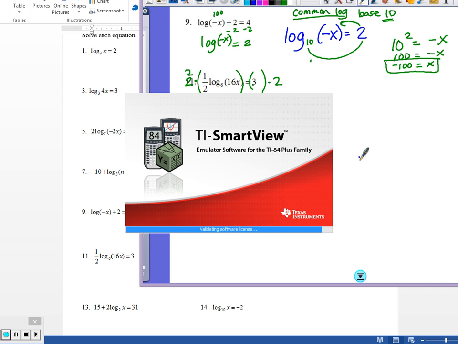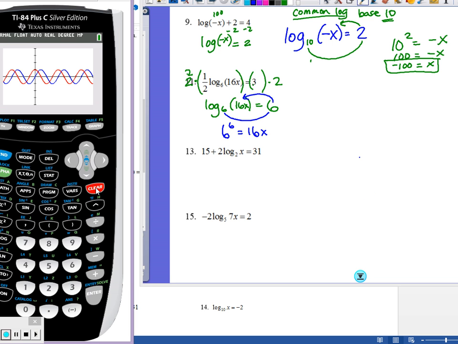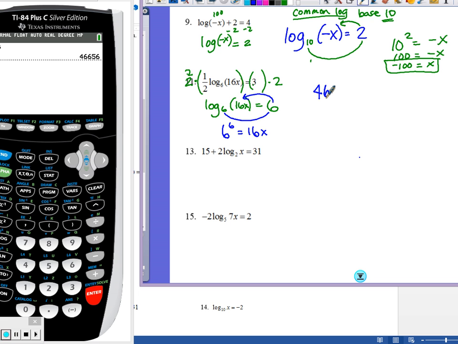All right. That is a big number. Okay, so 6 to the power of 6 is a really big number. 46,656 equals 16x, right? So I just evaluated that.